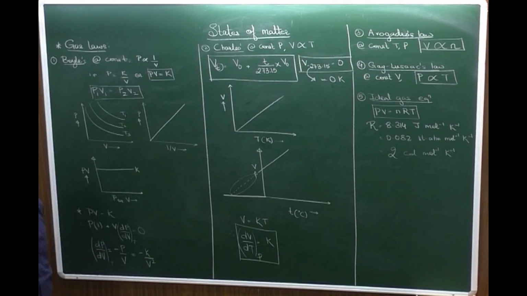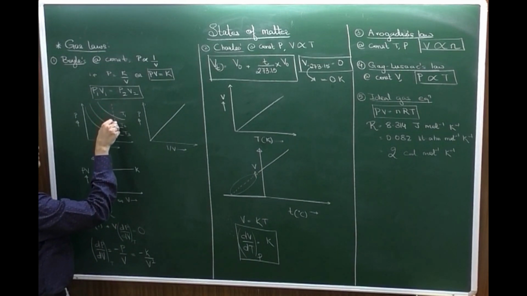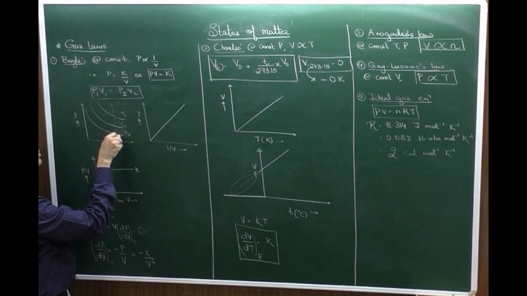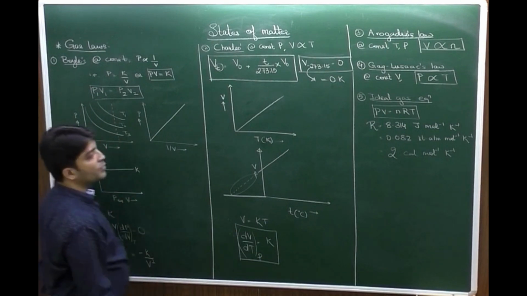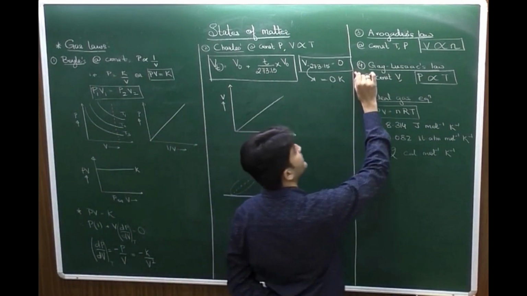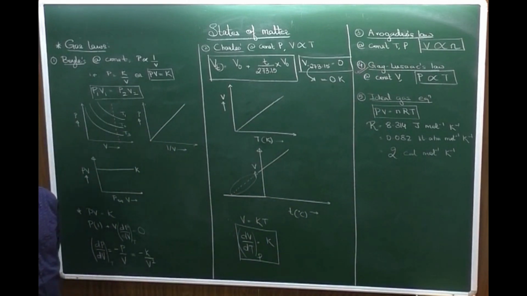Now there is a shortcut. Listen carefully. First of all, draw a vertical line parallel to the y-axis. The moment I draw a vertical line parallel to the y-axis, I have kept the volume constant. Now the moment I keep the volume constant, basically I am changing this to the Gay-Lussac's law condition.